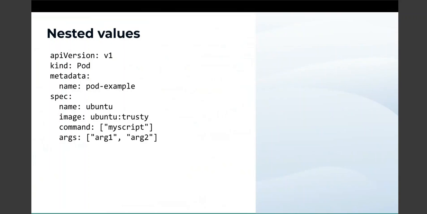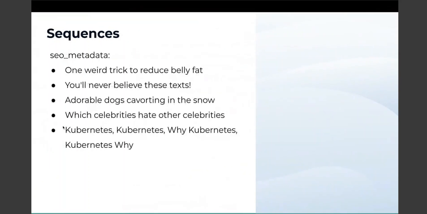So in this case, you can see that we are indenting using 2 spaces, and we've got 2 objects that have nested values. And pardon my door here. And notice that there are multiple items here that are all part of spec. And since they're all indented, we know what they all are. Okay.